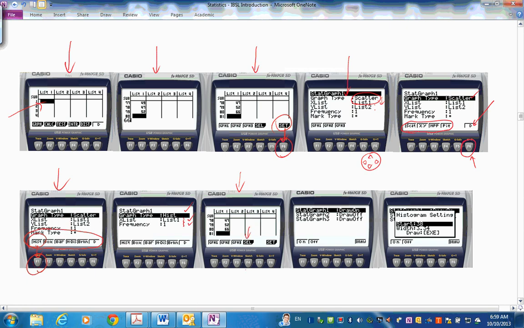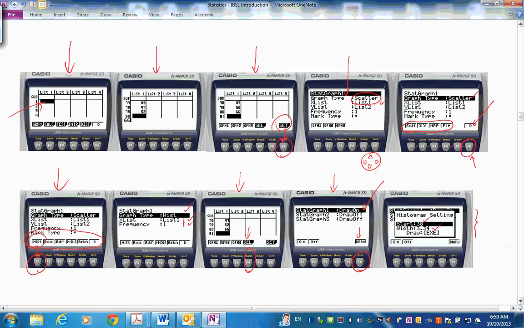So go to F4, and you can see stat graph 1 draw on, so we've got to make sure that's on, and that's the only graph we want drawn at this stage. If you now choose draw by hitting F6, you come up with this setting. Now this is very important. It's saying, your smallest value was 38, you want me to start there with a width of 3.34.